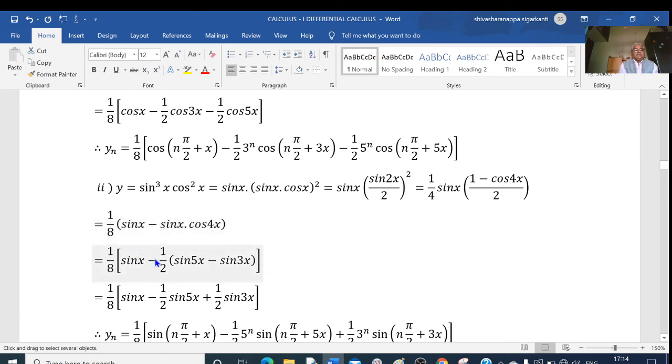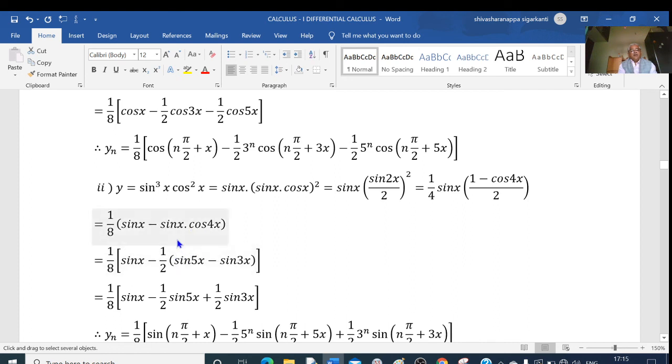So this is equal to sin x as it is minus 1 by 2 into sin plus sin. If you consider this as sin cos, then I write this as sin plus sin, that is sin of a plus b plus sin of a minus b.